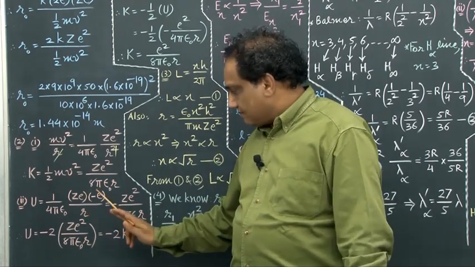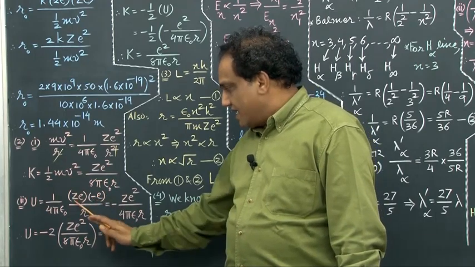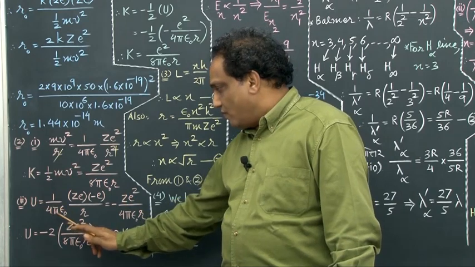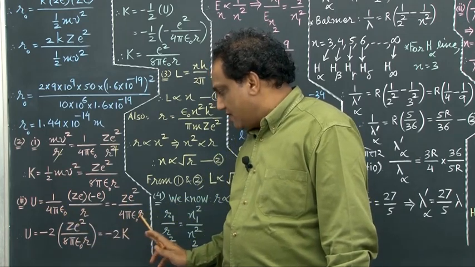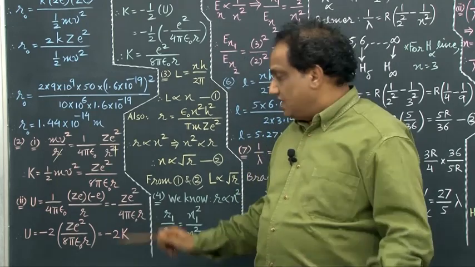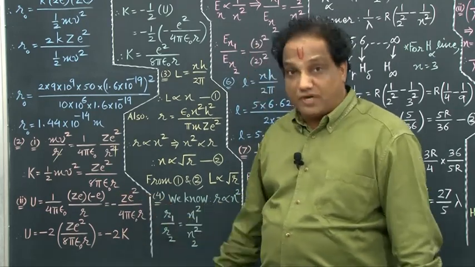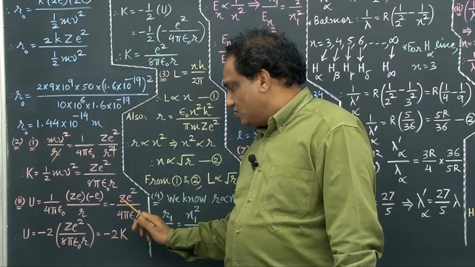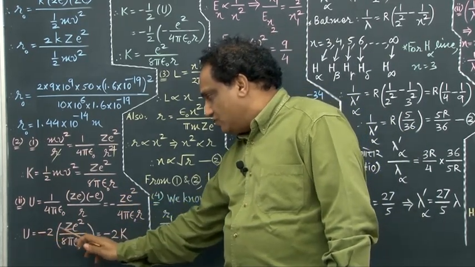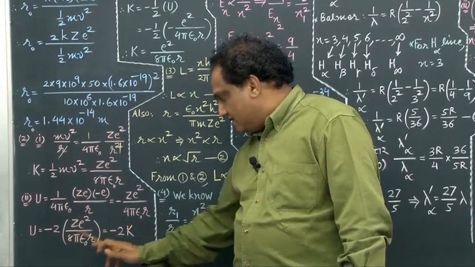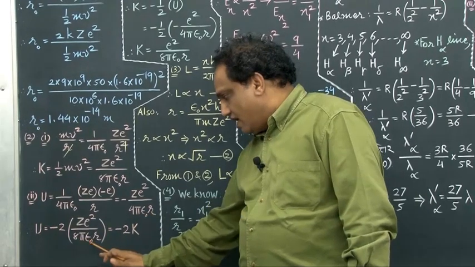Now tell me, minus ZE into E is minus Z E square upon 4 pi epsilon 0 r. Okay. Let me multiply by 2 in the numerator and in the denominator. When you multiply by 2 here, it is minus 2Z E square, and here 2 4s are 8 pi epsilon 0 r.